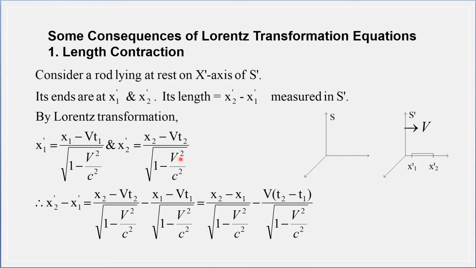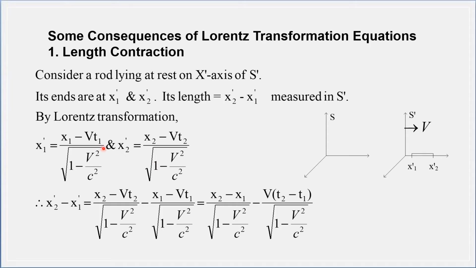These are the Lorentz transformation equations we write for x1 dash and x2 dash. So x1 dash equals (x1 minus v t1) divided by root of 1 minus v square by c square. x2 dash equals (x2 minus v t2) divided by root of 1 minus v square by c square. So this x1 is the position of one of the ends seen by the observer in the frame S, and x2 is the position of the other end of the rod seen by the observer in the first frame.